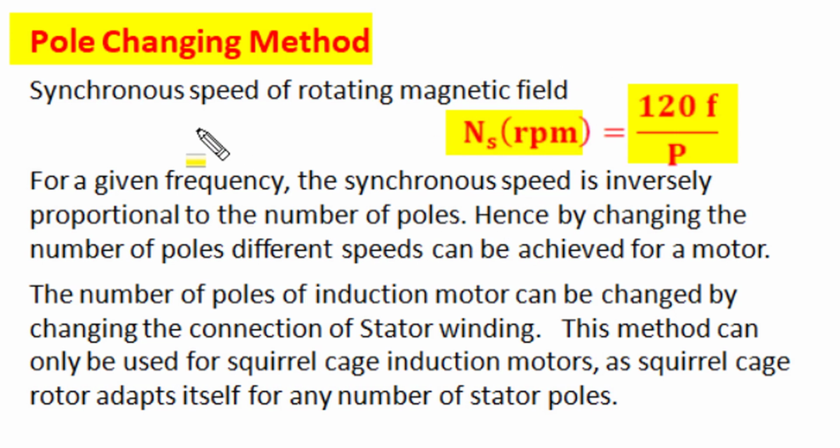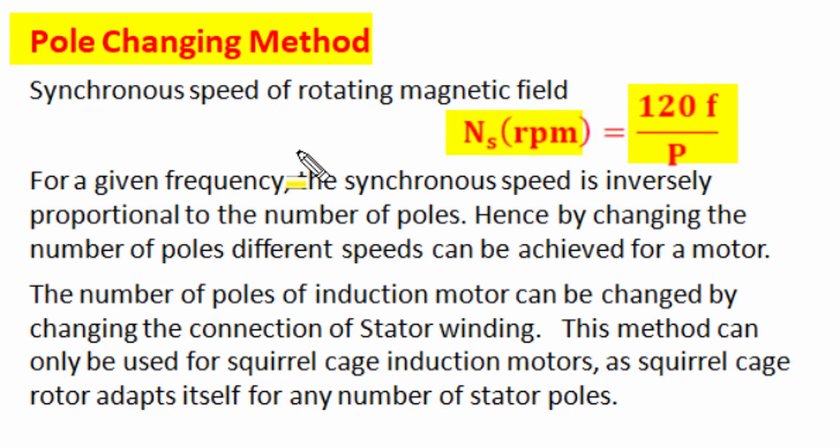One important thing is that the rotor of a slip ring induction motor has a fixed number of poles, and for rotating operation in three-phase induction motors, the number of poles in stator and rotor should be the same. So this pole changing method cannot be used in a phase wound slip ring type of induction motor, whereas in a squirrel cage induction motor, the short circuited metallic cage winding of the rotor can adapt itself for any number of poles.